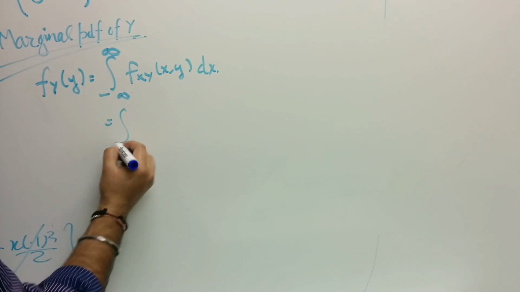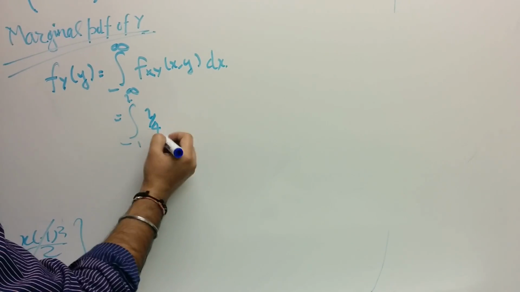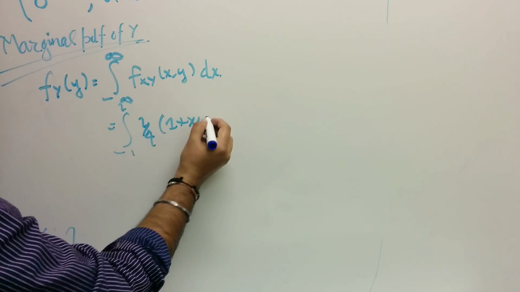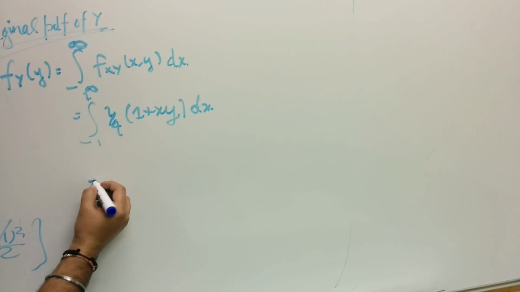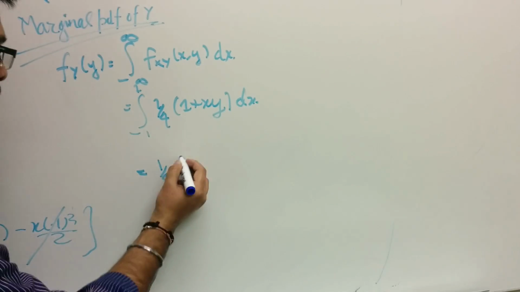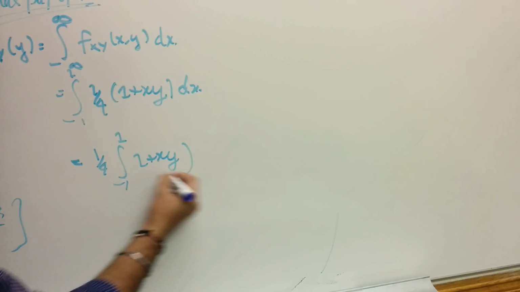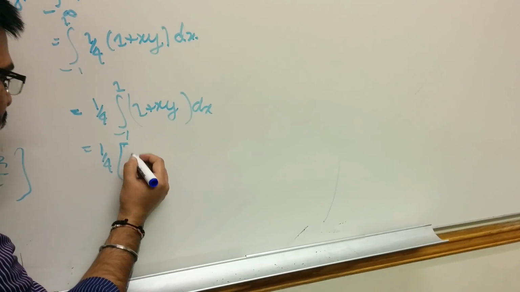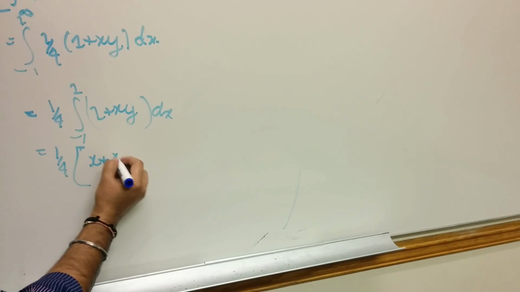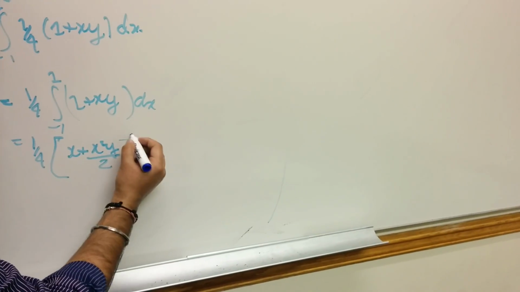Putting the values in the range of x, we get 1 upon 4 into (1 + xy) dx, that is, taking the common factor out, 1 by 4 times the integral from -1 to 1 of (1 + xy) dx. On integrating, we get x plus x square y by 2 from -1 to 1.